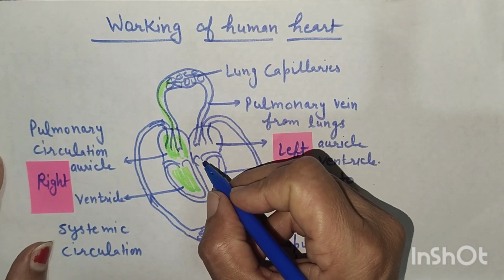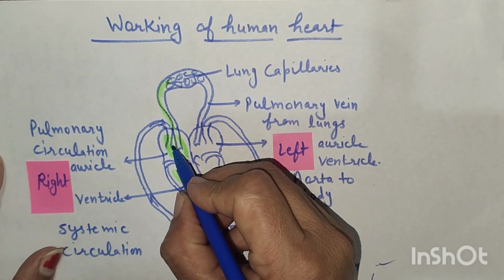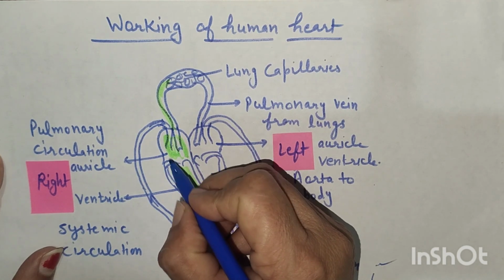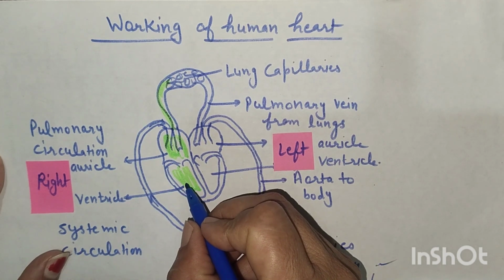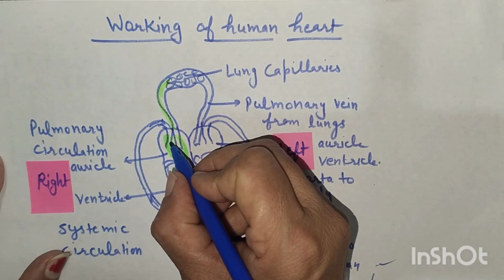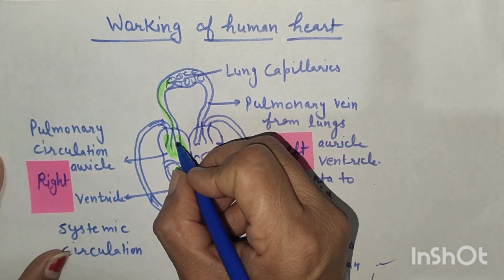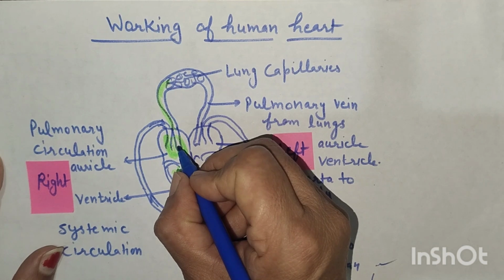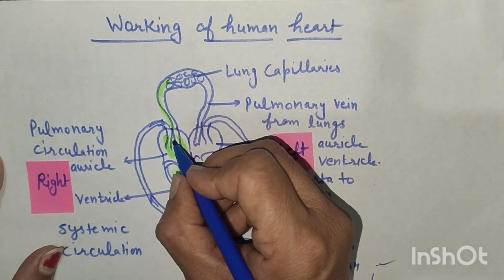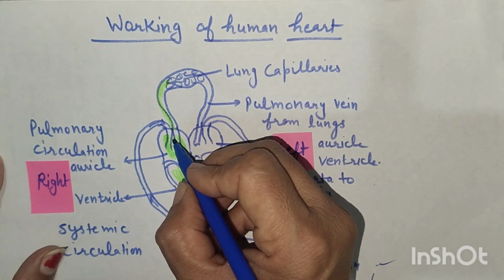How does the human heart work? This is the right auricle. This space is the right auricle and this is the right ventricle. The right auricle receives deoxygenated blood. It means it carries carbon dioxide-mixed blood, that is called deoxygenated blood. The right auricle receives deoxygenated blood from the body parts.